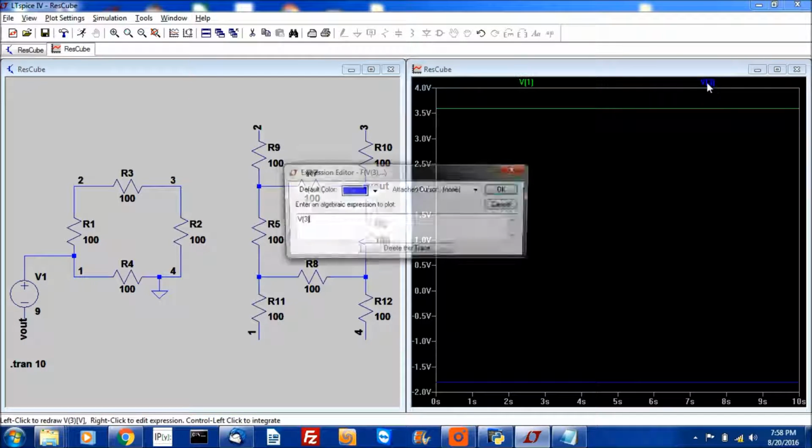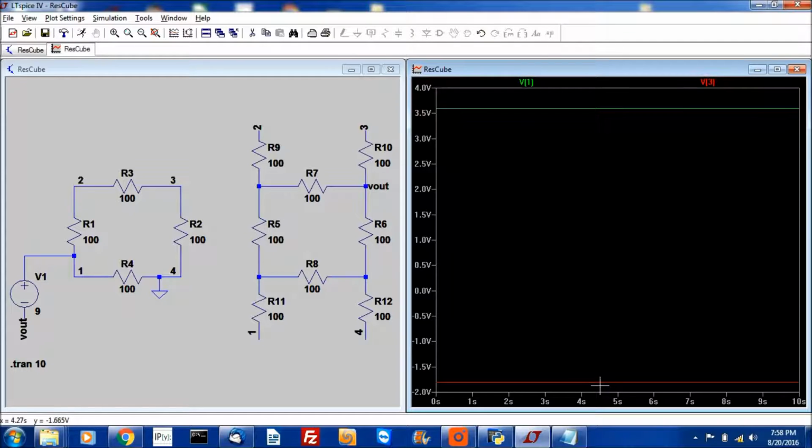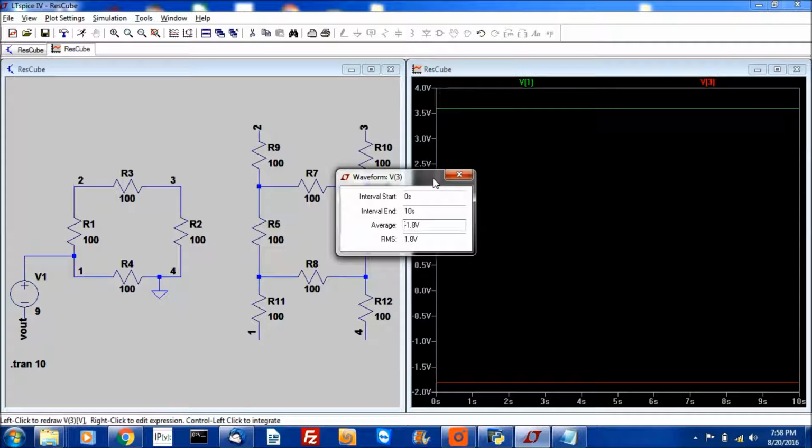I'll change the blue to red. I'm getting that as minus 1.8 volts, and the reason for that negative would be because of the current traveling in the opposite direction.